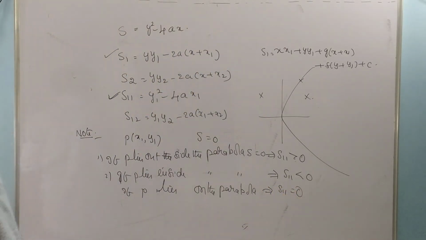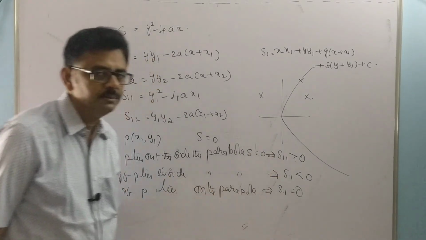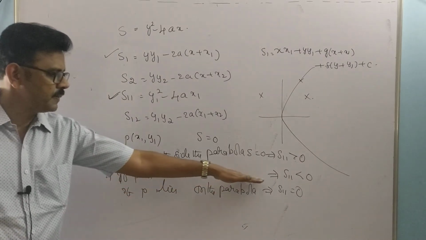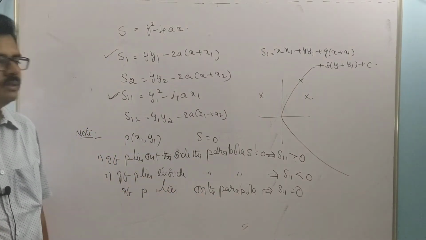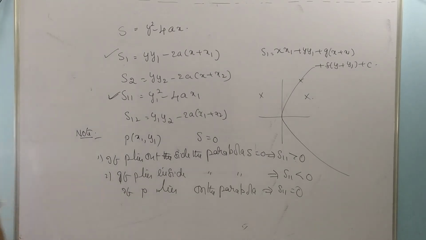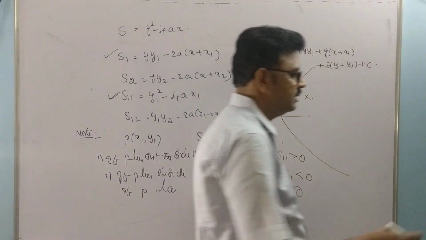Same as the circles, that is the position of the point. If P lies outside, S11 greater than 0; inside, S11 less than 0; on the parabola, S11 equal to 0. Now write, based on that we have an example.